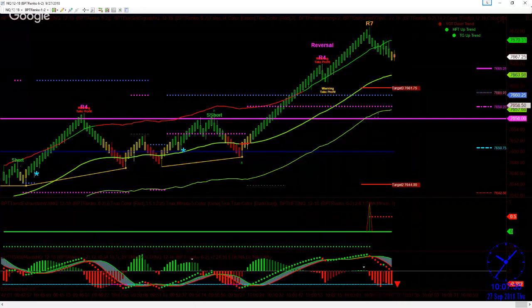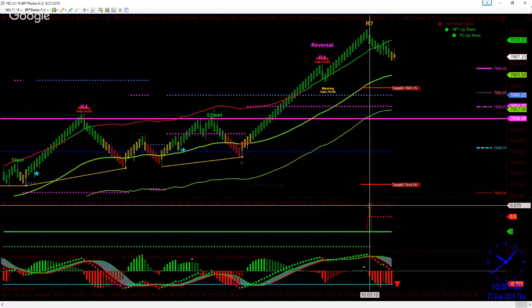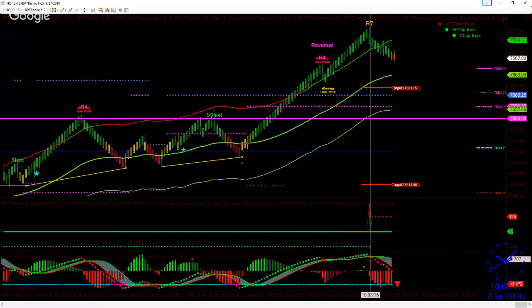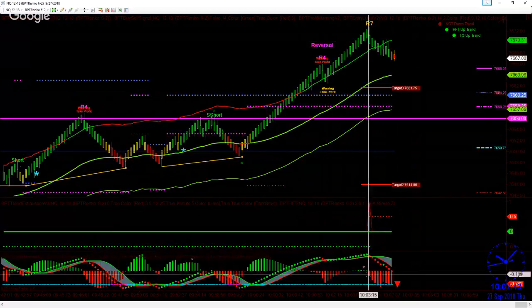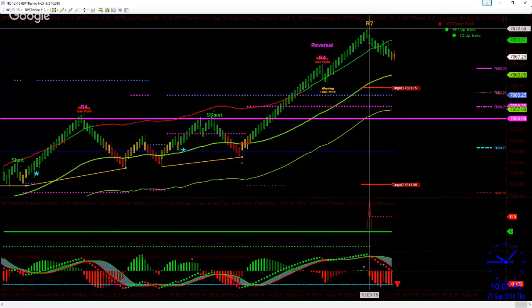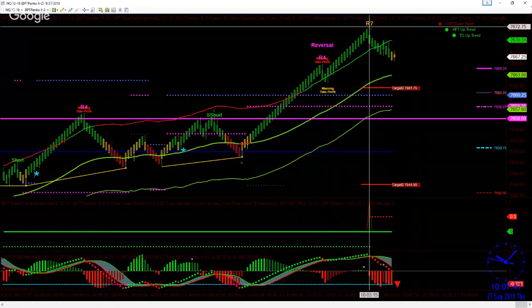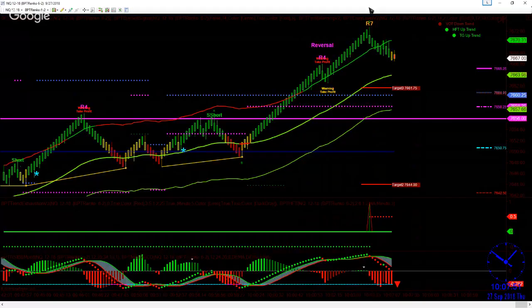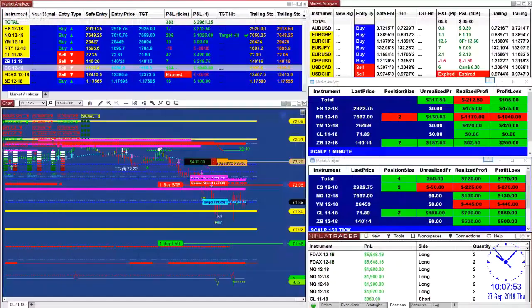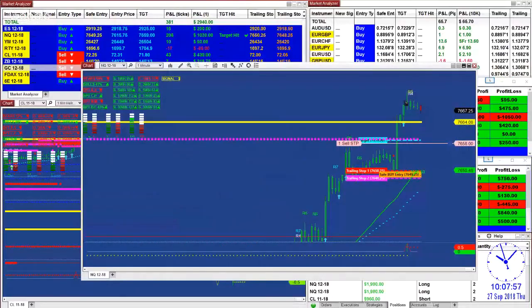And this is where you can see on the trend exhaustion, your double MAC and everything comes in with the R7, and this is one line, and it is a reversal.